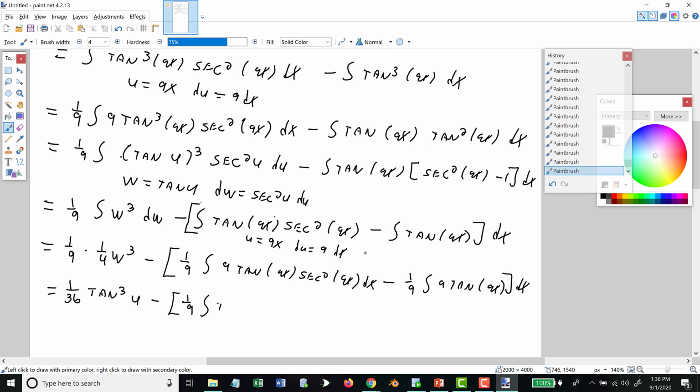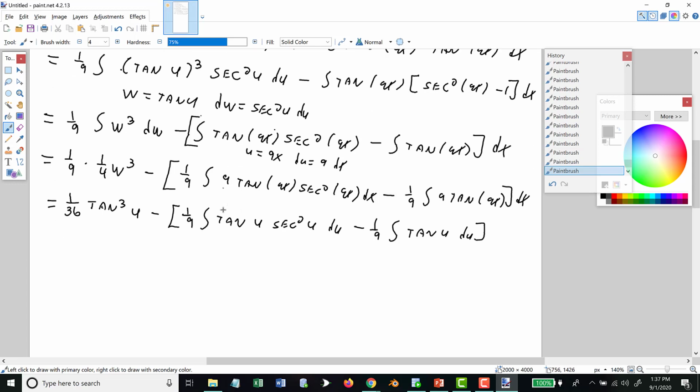So this becomes tangent u secant squared u du, minus 1/9, and the 9x here gets replaced by u, and the 9 dx gets replaced by du. So this will be tangent u du. We'll put the plus c on at the very end. Now u up above was 9x, so I'll go ahead and put that in here, and that way I'll be done with that first one.